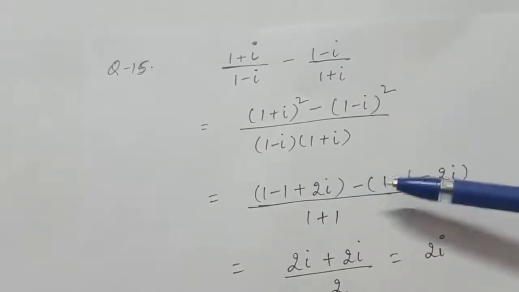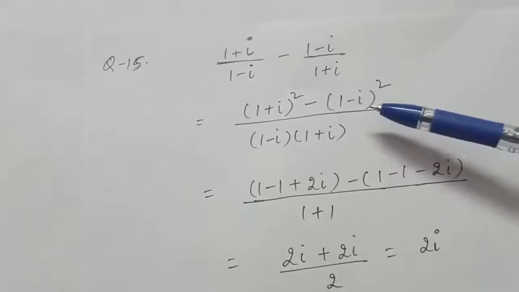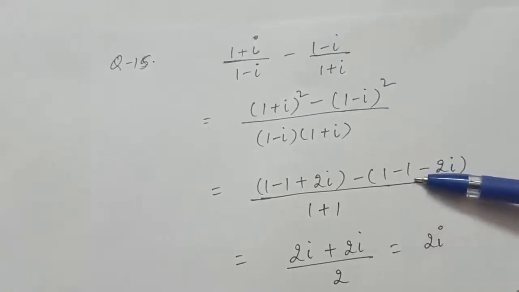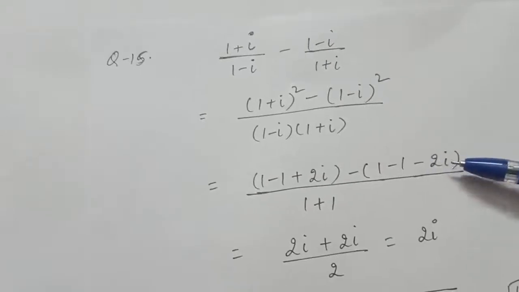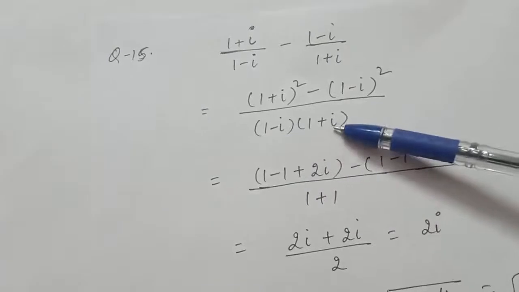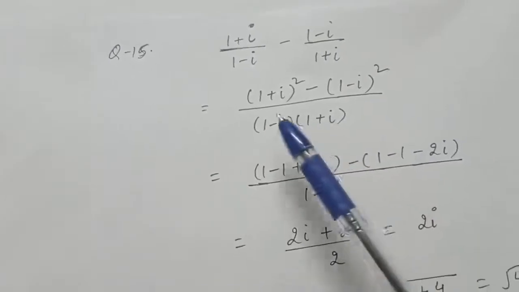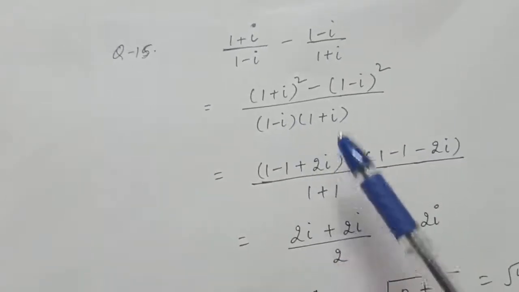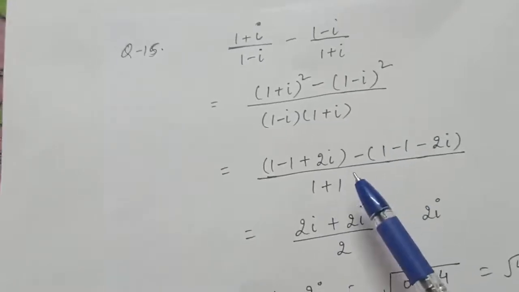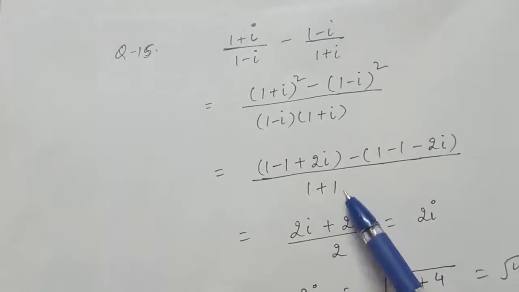Minus the square of this will be a square plus b square. Now b is iota, so iota square is minus 1, minus 2 iota, upon, now this is a minus b into a plus b, so this will be a square, that is 1 square, minus b square. So minus of iota square is minus of minus 1, which is plus 1.